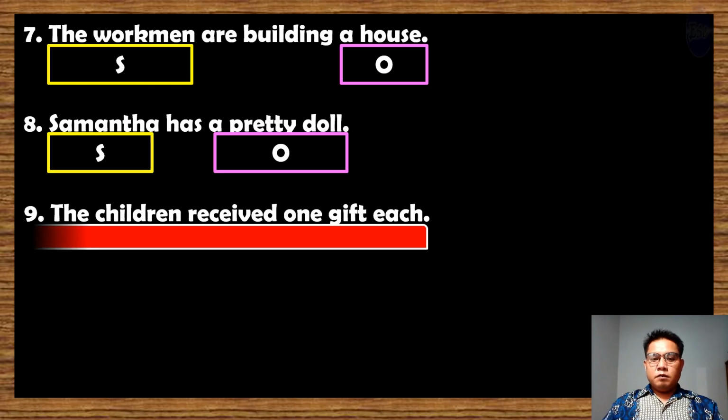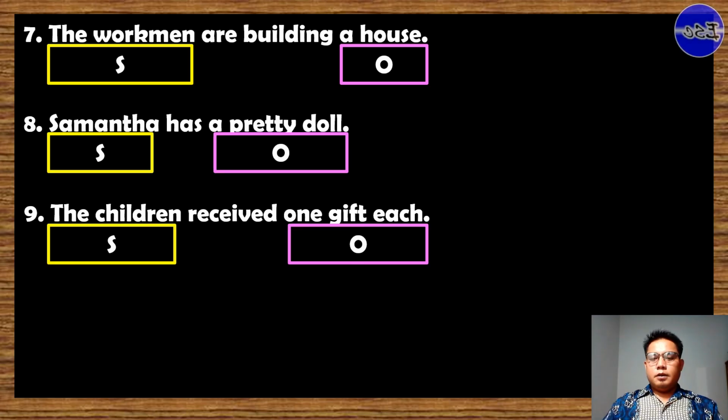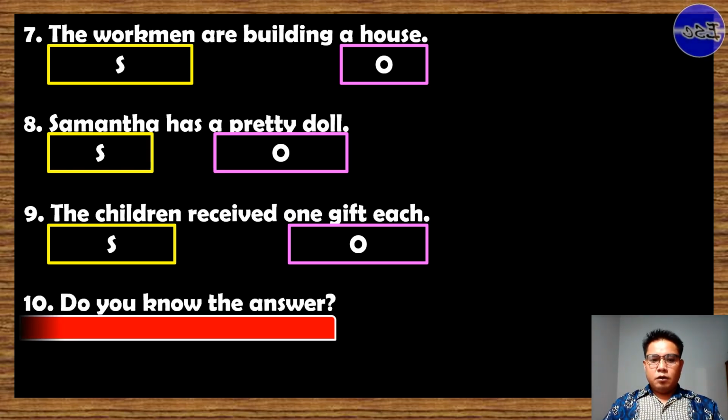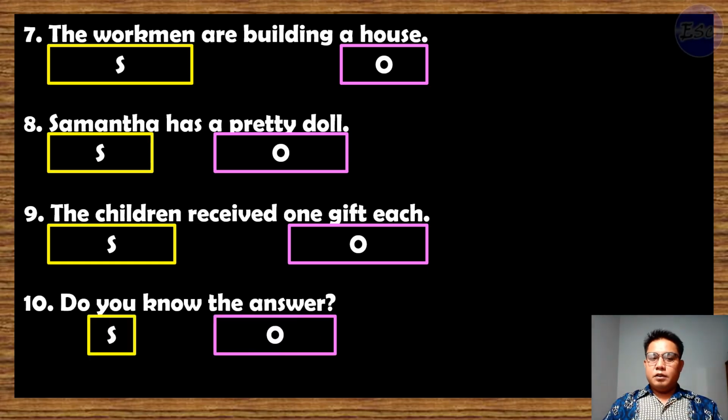The children received one gift each. The children is the subject, one gift each is the object. Number 10. Do you know the answer? Okay, you is the subject and the answer is the object.